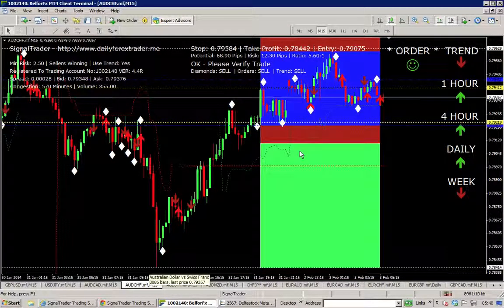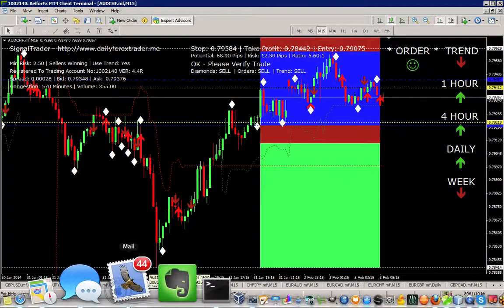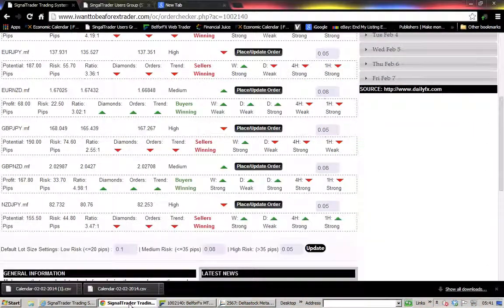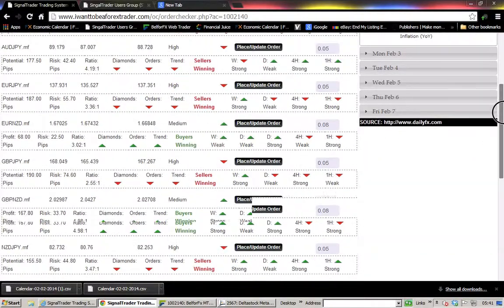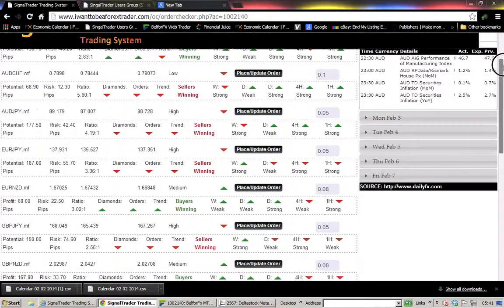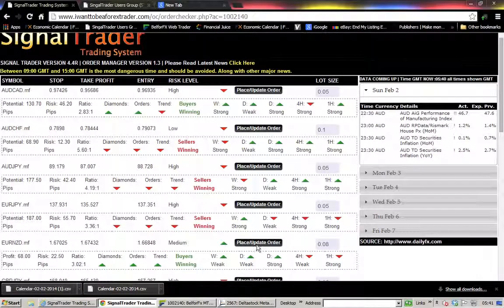And another thing I've added is it now looks at weekly, daily, 1 hour and 4 hour trends, on all four. So that means if you look at the front end, here we go. What do you see? You see a load of white trades. So they're trades we're not going to take, but are worth looking at at this point.